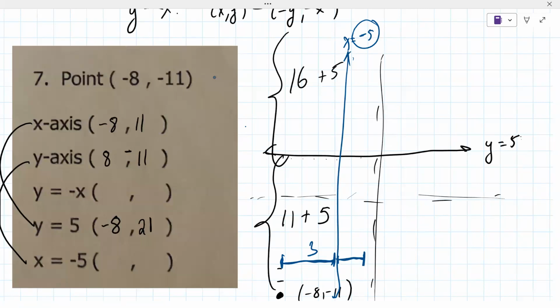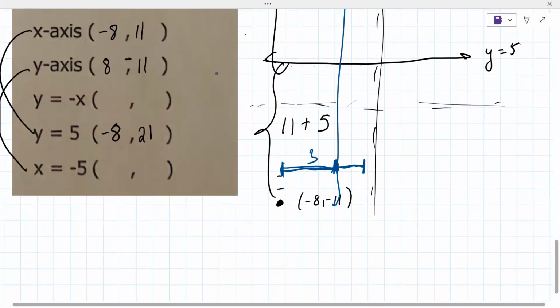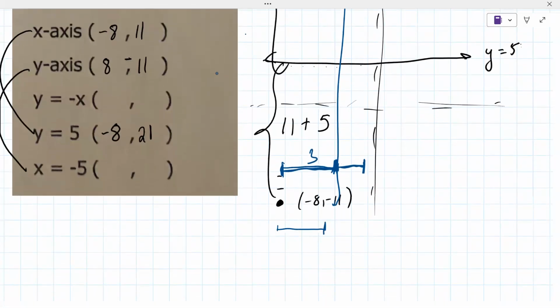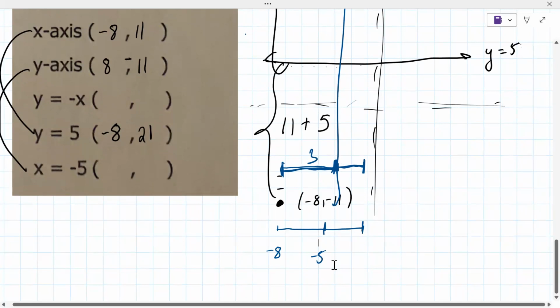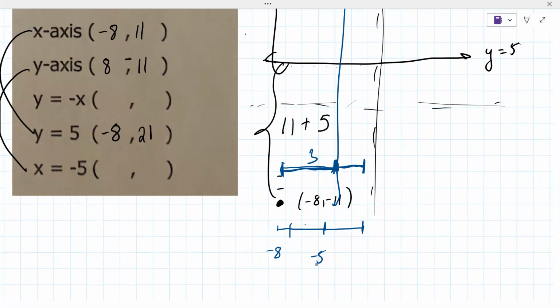You're going right, not left. Okay, so you're at minus 8 and you're going back 3. That gets you to minus 5. Then you're going right 3 more. I don't know where you're getting these numbers. We're going to the right. Like there's -7, -6, -5. That's 1, 2, 3.